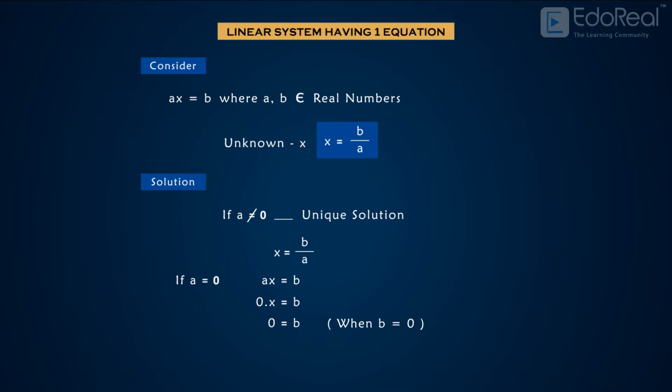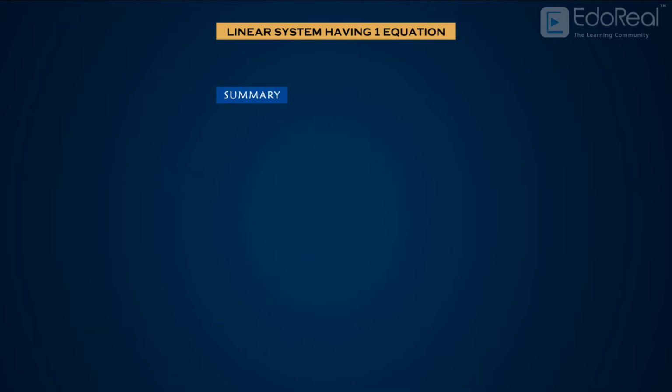So, for a = 0, the value of b has two possibilities. For b = 0, the equation is satisfied for every value of x. And for b not equal to 0, the equation is never met. To summarize, when a is not equal to 0, the equation has a unique solution, x = b/a.